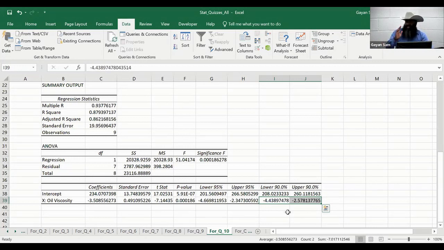Therefore, 0 is not found inside of that. That means I can reject my null hypothesis. Rejecting the null hypothesis means what should be the interpretation? The interpretation should be we have statistical evidence with 95% probability to conclude that the slope is significantly negative. That's the answer for that part.